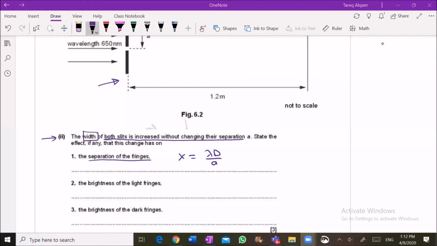Okay guys, here in this formula we don't have any quantity that is related to the width of the slit. Separation of the fringes stay the same.